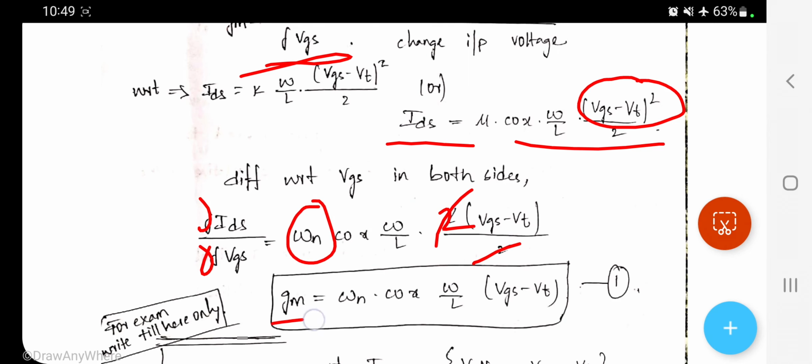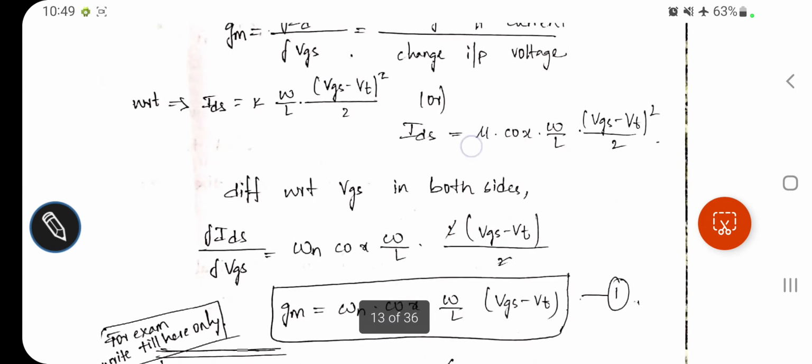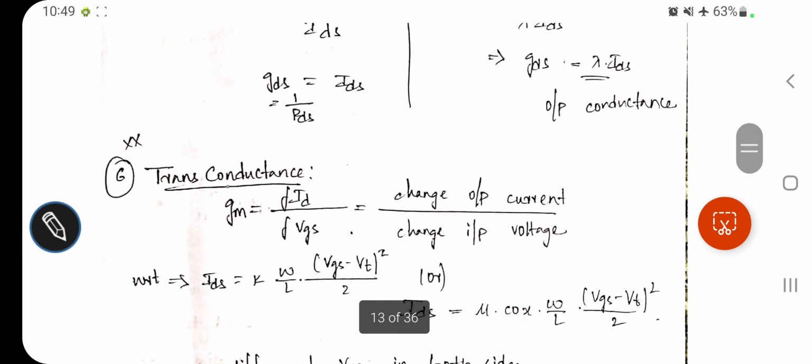So the definition of transconductance is GM equals mu n into COX into W by L into (VGS minus VT). This is the equation for transconductance GM.